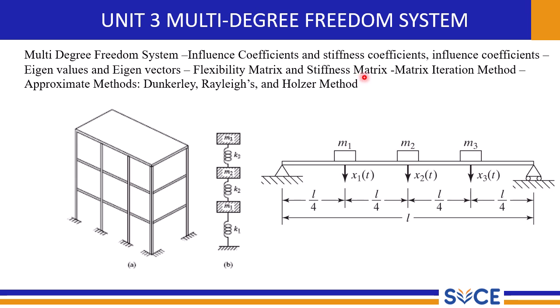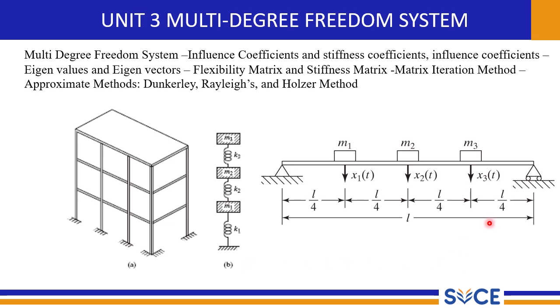Furthermore, we will explore the matrix iteration method, a numerical technique used to find natural frequencies and mode shapes of these multi-degree freedom systems. Finally, we will see some important approximate methods like Dunkerley's method, Rayleigh's method, and Holzer method, which provide an efficient way to estimate the natural frequency of these systems.